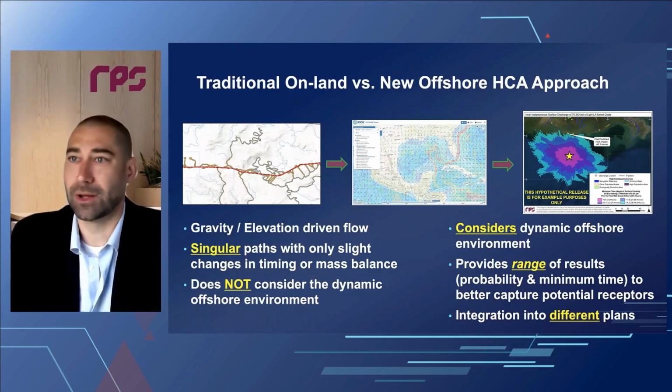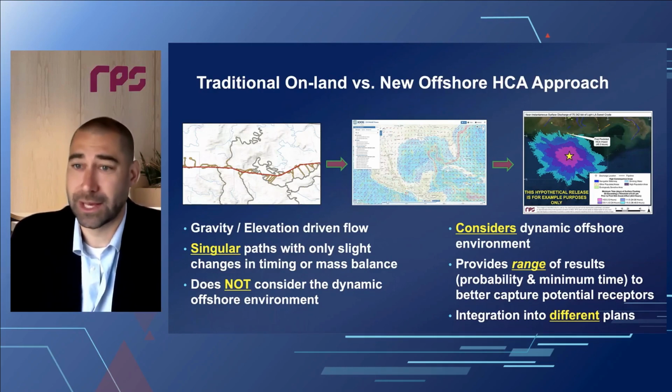So that works very well for that application. But when we start to put our eye towards the offshore, as PHMSA had in the last year or so, and when we start looking at releases from pipelines, we do need to consider a little bit more comprehensive solutions like this approach, where we're considering the dynamic environment, providing a range of results based on the different environmental forcing, and the integration into different plans.